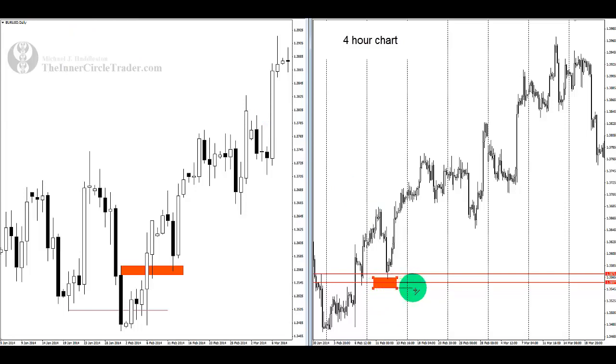Now, if you want to be a little bit more conservative and allow more movement, you can go with 20 pips below the mean threshold, and that would be your stop as well.